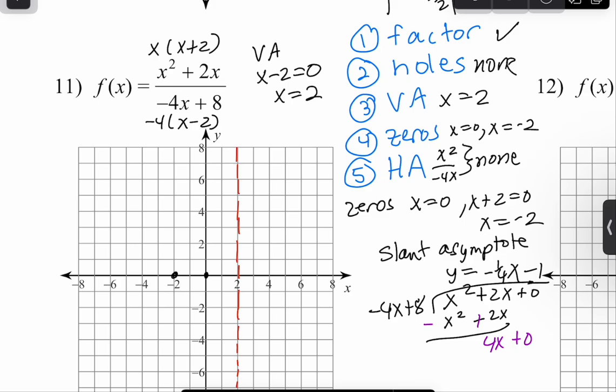Now, how do you graph that? It's a line. Graph it. But just make it a dashed line. Okay. So we're going to start at negative 1. We're going to go down 1 over 4. We're going to connect that, but with a dashed line.